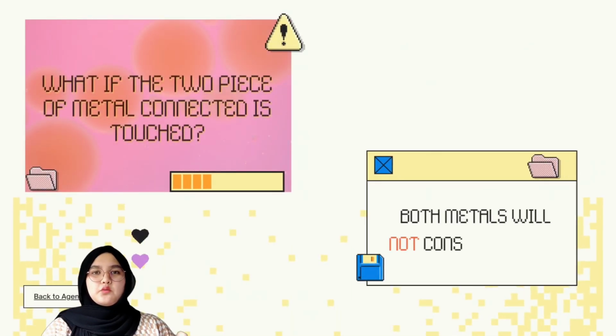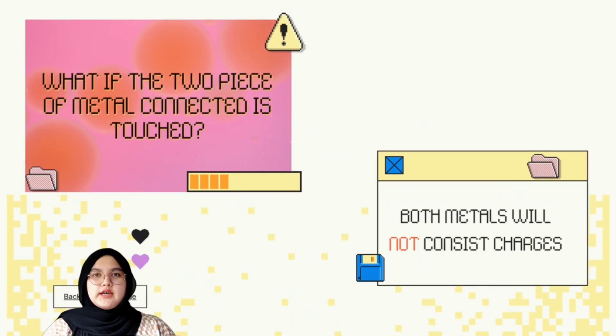Let us think what will happen if the two pieces of metal are touching one another. Then both of the metals have no charges, as no charges ever get separated in the first place.